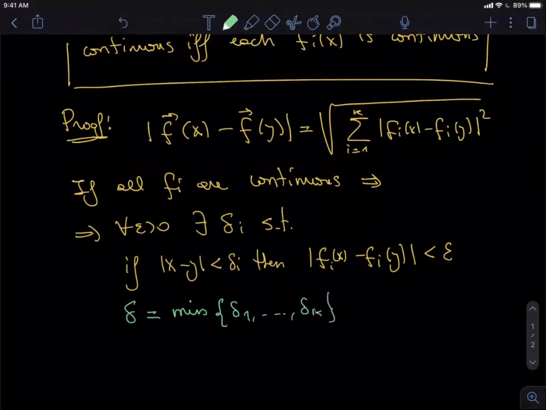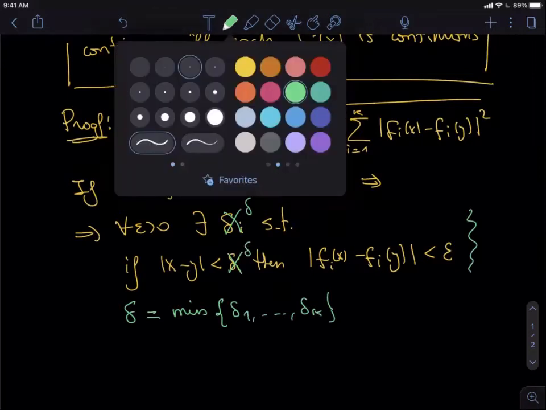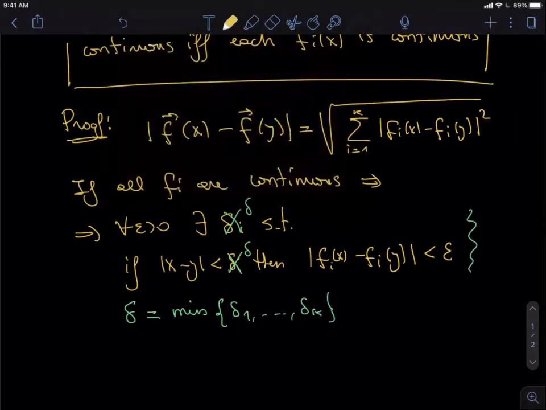And then with this definition of continuity, we will be able to do the same, just writing delta every time instead of delta_i. This is a way to make all of them the same.